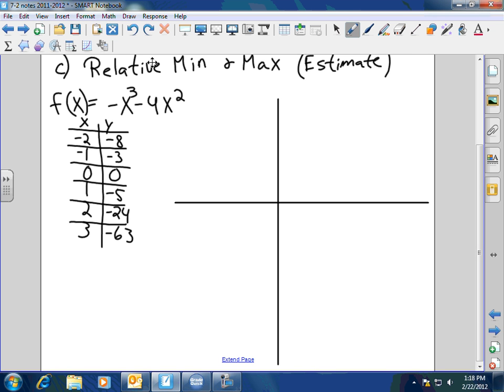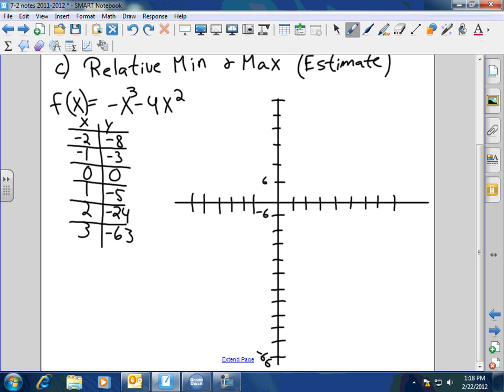The y's are going to be quite a few, so let's go by 6s: 6, 12, 18, 24, 30, 36, and down to negative 66 and negative 6. And then the x's, we can go by 1s.